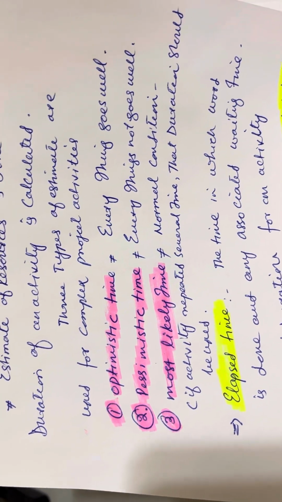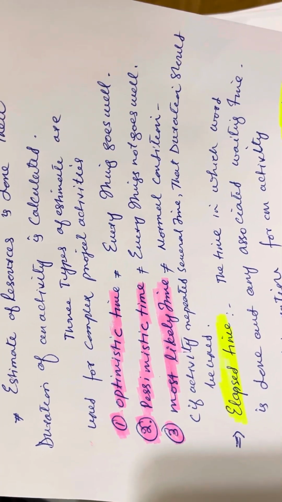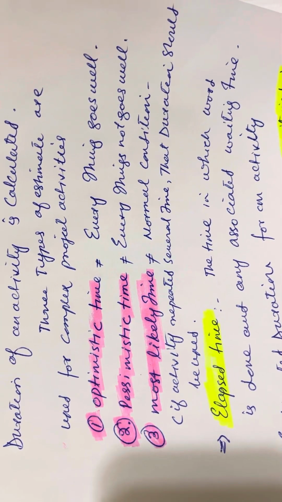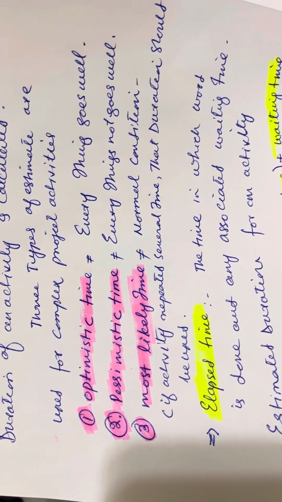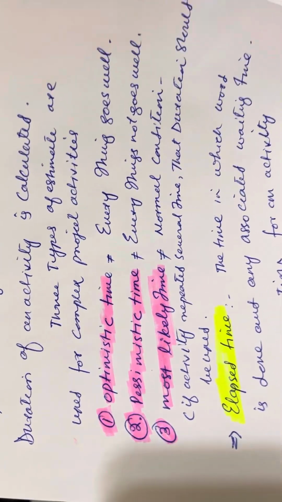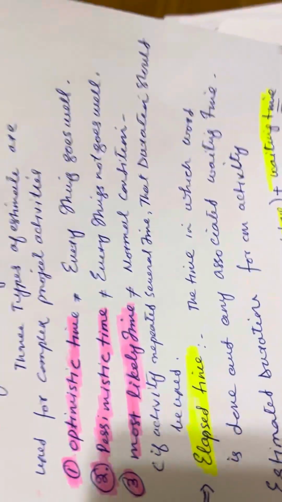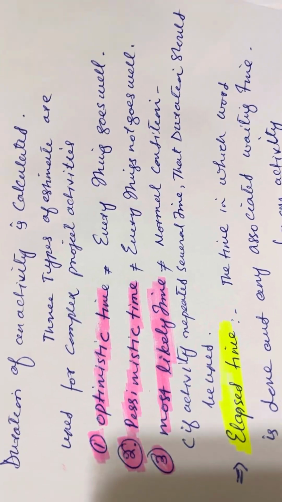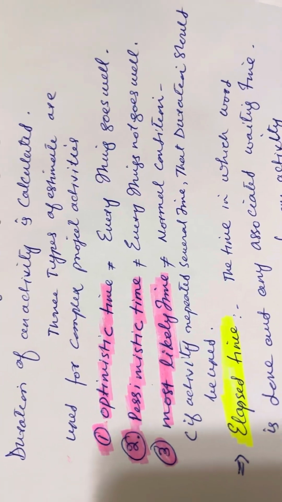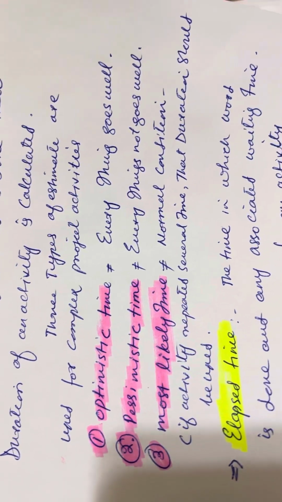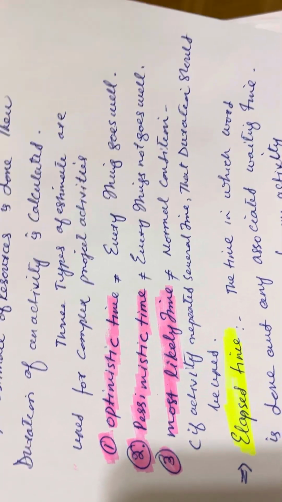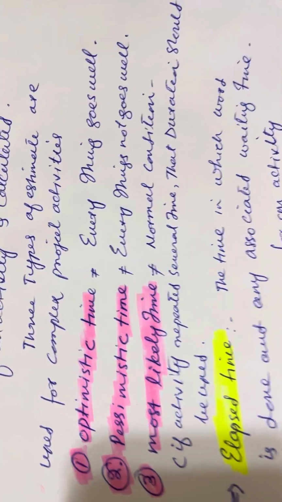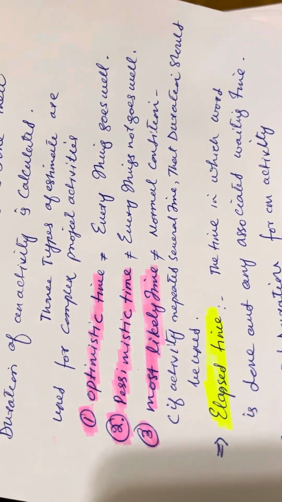Let's say you have a small project with 20 activities. For each activity you can do an optimistic time. Optimistic means you are very optimistic, which in a project is very difficult. Optimism is okay, but in projects there are always delays in schedule and budget, and sometimes an expert in the team leaves. Sometimes it's the availability of machinery or resources.